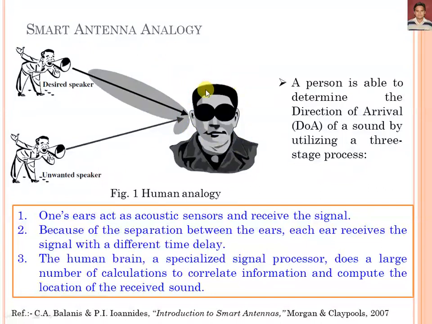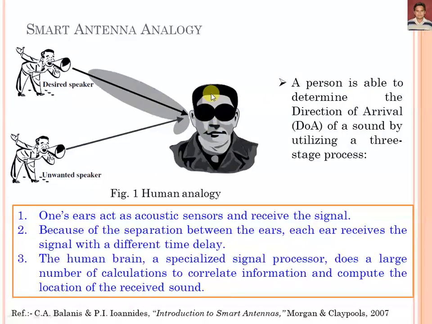The human, we can call a signal processor, and this is the brain that computes the direction of the speaker from the time differences or delay received by the two ears. Afterwards, the brain adds these two signal strengths from each ear so as to focus on the sound from the computed direction.